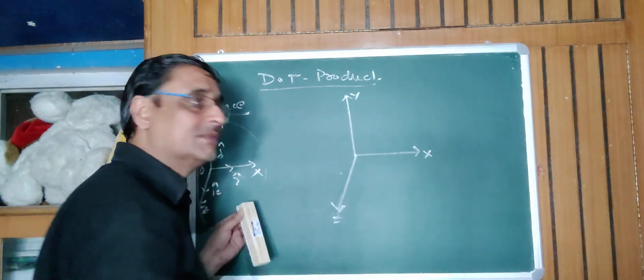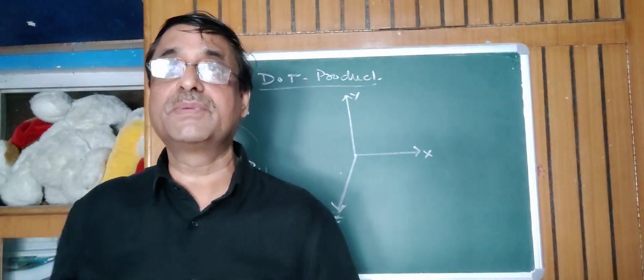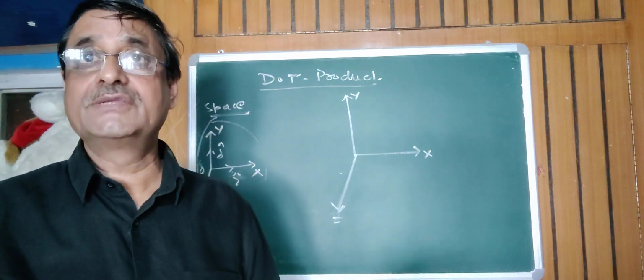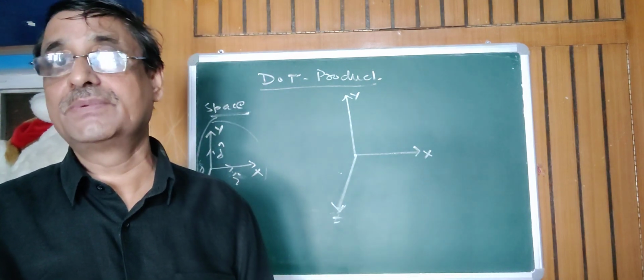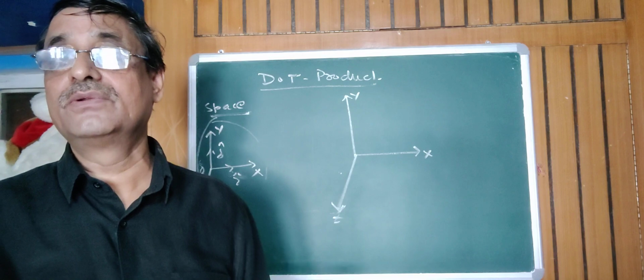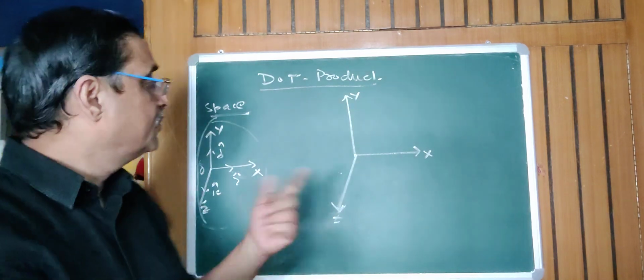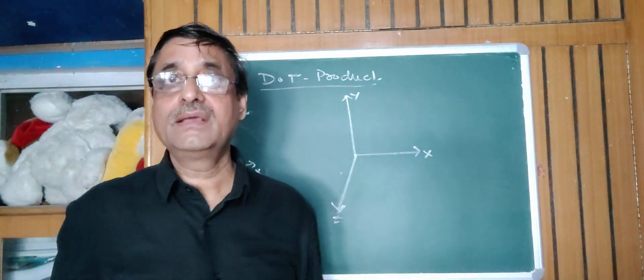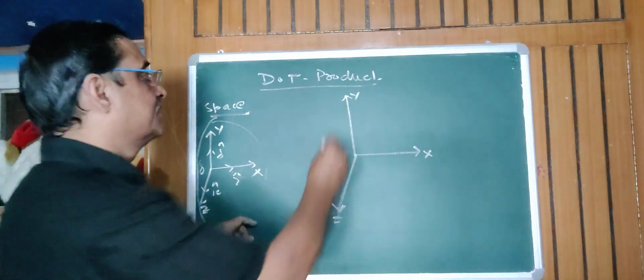We make it like this. And it is understood that z is perpendicular to both x and y, y is perpendicular to both x and z. So these three are mutually perpendicular, what will be the angle between them? This is called space.